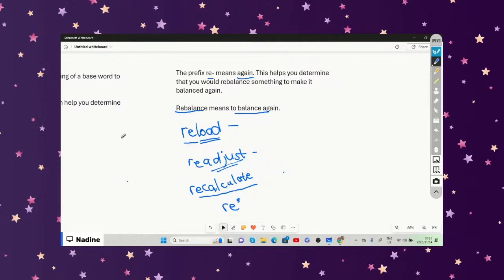We made an example of balance, and if we want to rebalance things, then it means that we need to balance again. So re means again. That was just a few examples of prefixes: re, which means again, and pre, which stands for before.